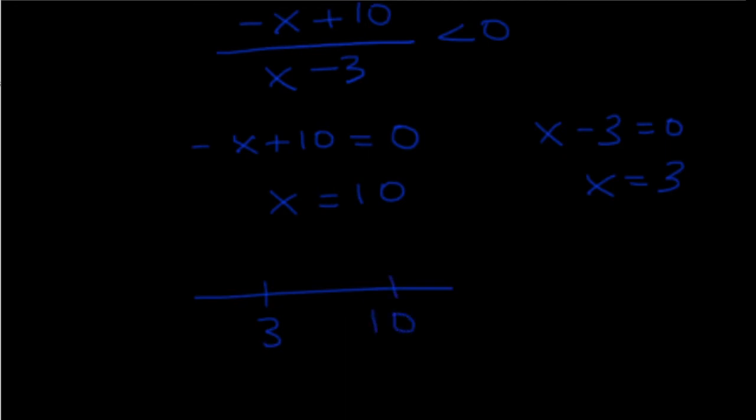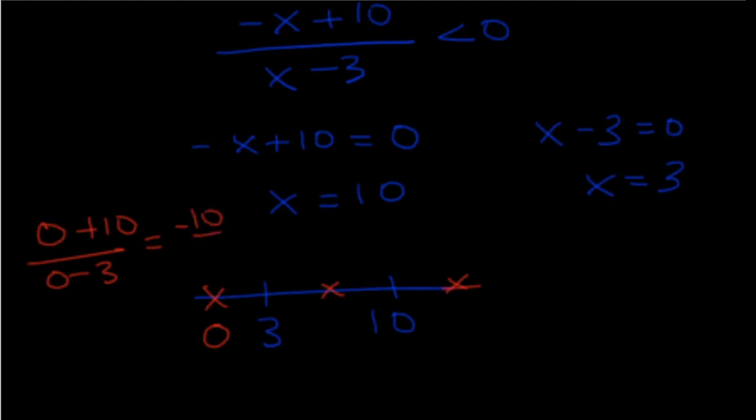So the idea is I'm going to pick numbers to the left of 3, between 3 and 10, and right of 10. So a good number to pick for being less than 3 is 0. Plug it in. I get (0 + 10)/(0 - 3), which will give me negative 10 over 3. So that's negative. The number between 3 and 10 is 5.